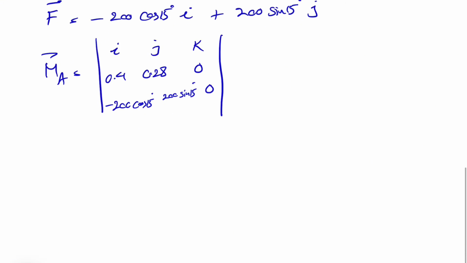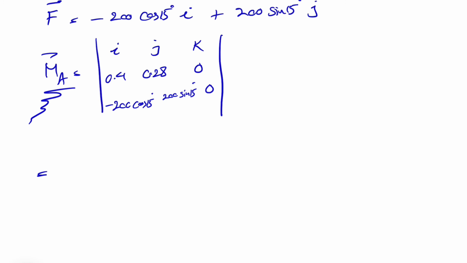And we have to find the value of this determinant. So for the I component, we know we're going to get a vector at the end of this, meaning the cross product would be in a vector form with ijk.